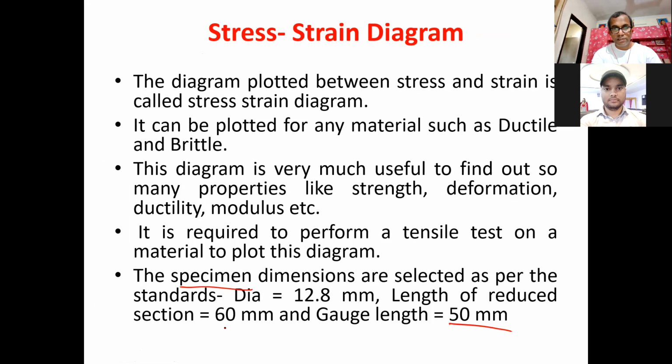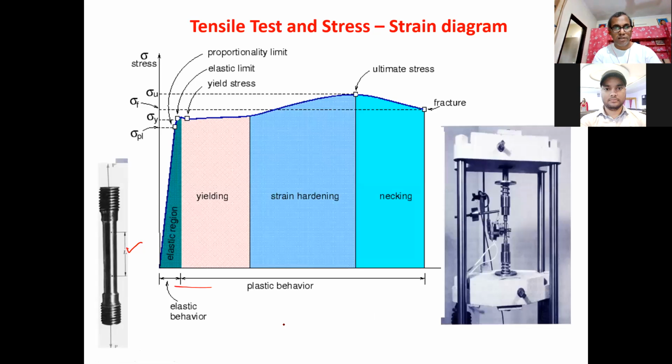But what is the 60 mm length? This is the length from reduced section, यानी यहाँ से यहाँ के बीच में ये जो length है, this length is called as reduced length, and this is usually taken 4 times of this area.